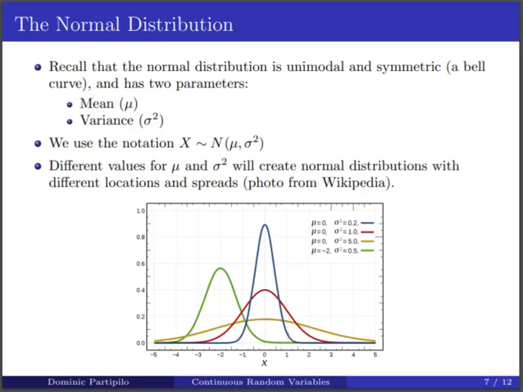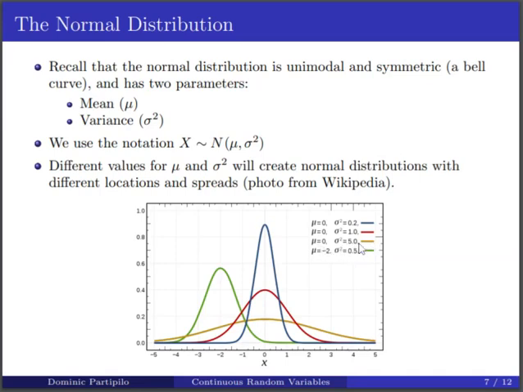And this red curve, which is actually arguably the most famous distribution in all of statistics, and we're going to talk about this very shortly, has a mean of 0, it's centered at 0, and it has a variance of 1. So the variance in this one is higher than the variance in the blue curve, so it's going to be spread out a little bit more. It's not going to be as narrow and tall, it's going to be a little bit wider and flatter.